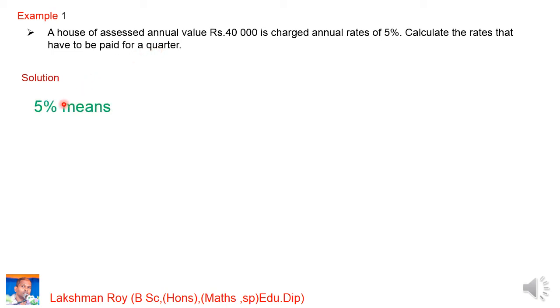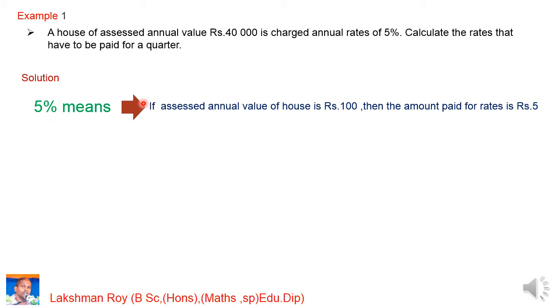So first you should have an idea what this 5% means. If the assessed annual value of a house is 100 rupees, the tax you have to pay is 5 rupees, that is 5%.